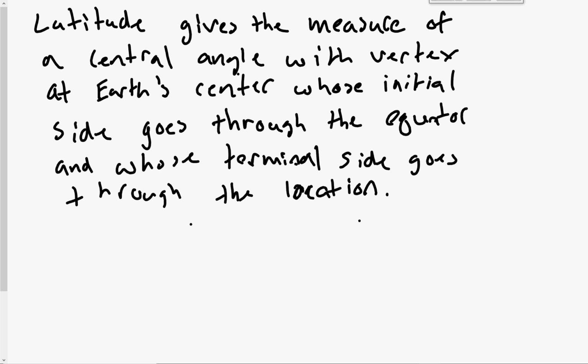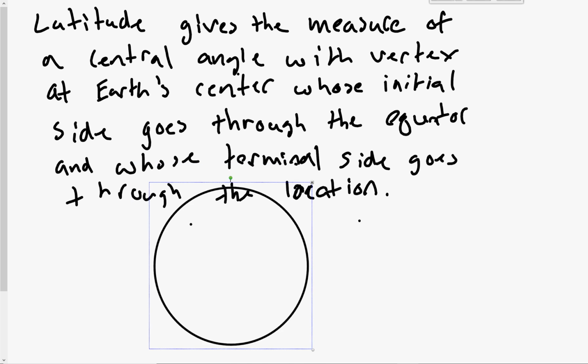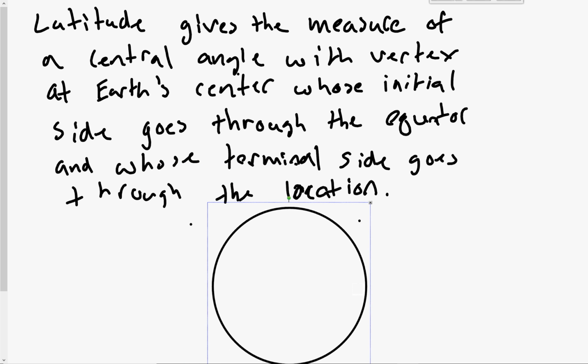Okay, here's some words for you, a lot of words, but it's basically saying when you have the Earth, and you go through the equator, you put our x-axis, and then through the center would be our y-axis like this.